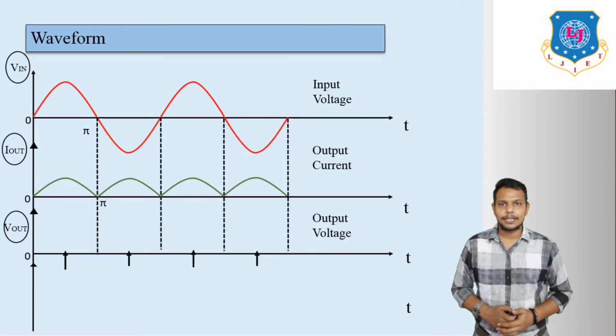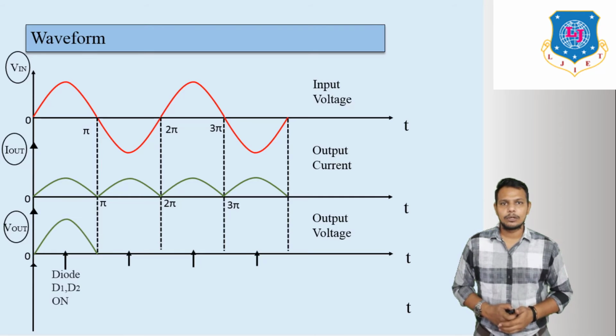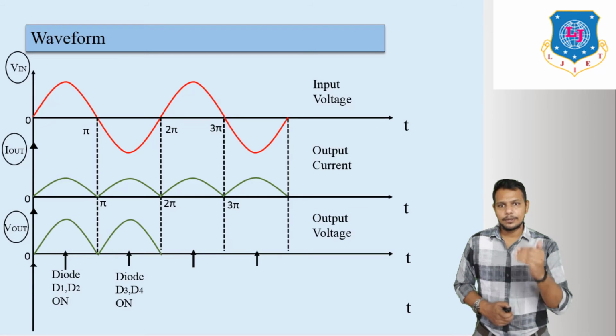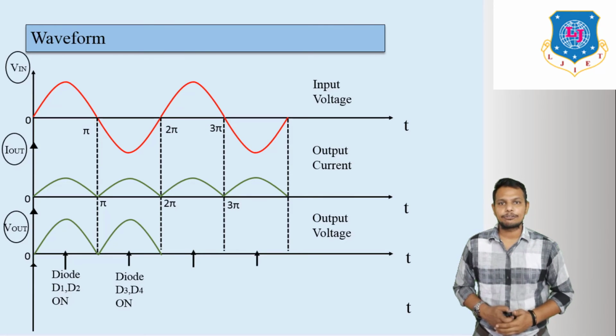Now talking about the output voltage, we will get it like this: positive, positive. For the first positive half cycle, diodes D1 and D2 are on, whereas D3 and D4 are off.